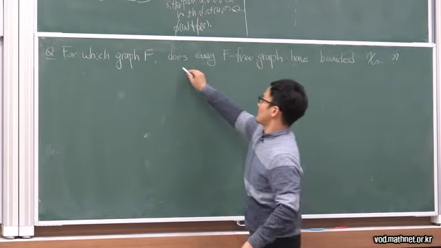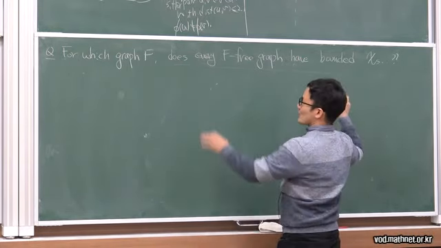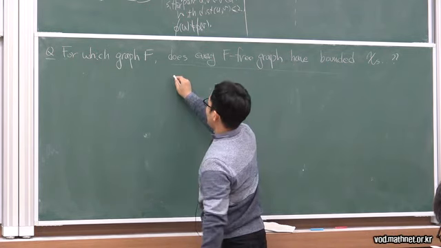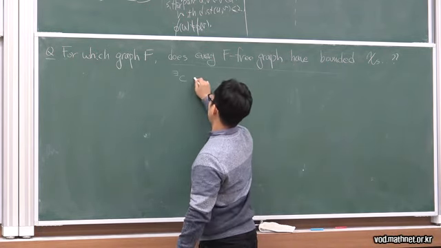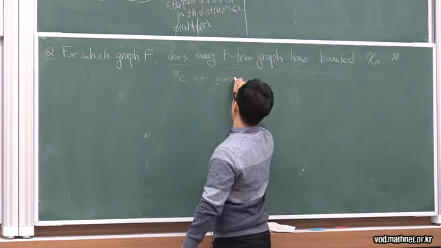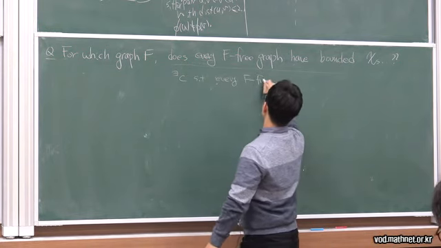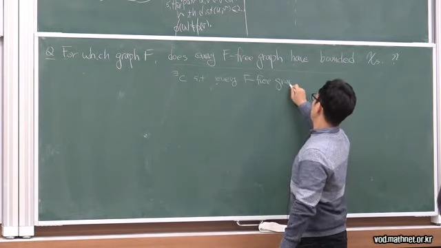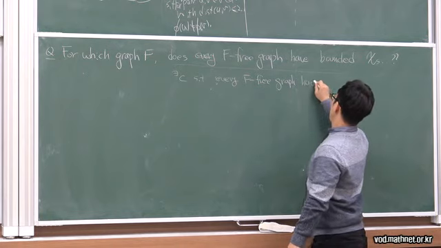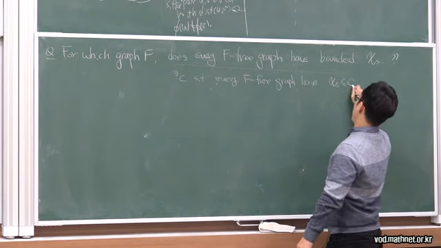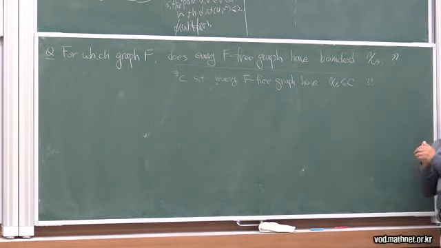It means that for which graph F does there exist C such that every F-free graph has star-chromatic number at most C. Okay.